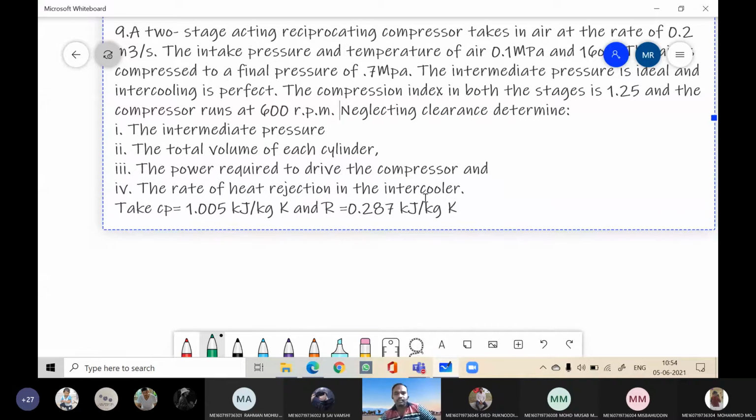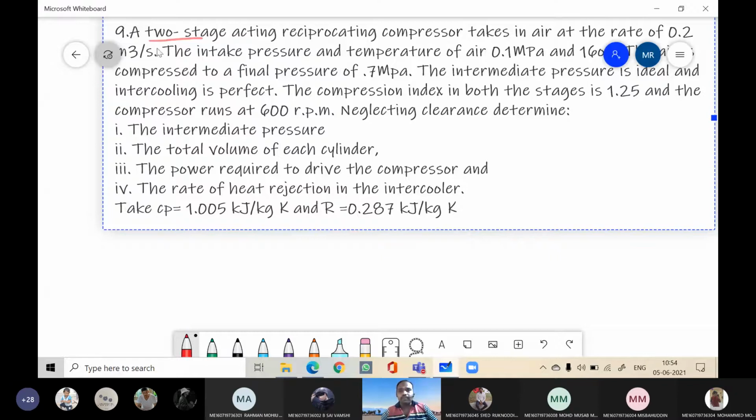Is it readable, students? Yes, sir. A two stage single acting reciprocating air compressor takes air at the rate of 0.2 meter cube per second.